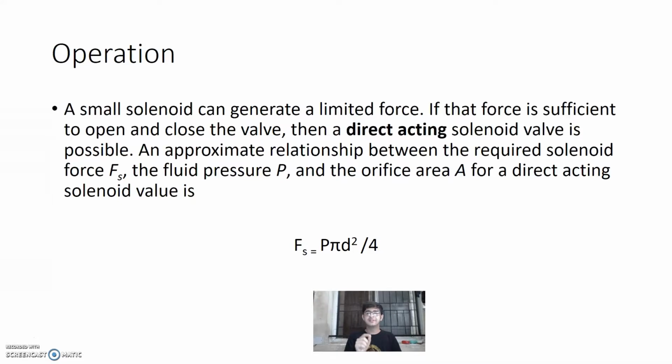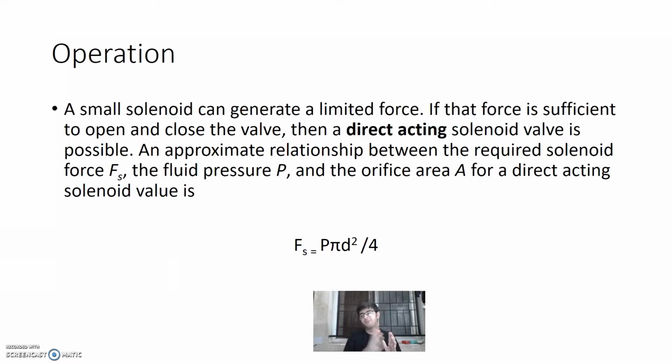So for controlling our valve, the force is called the solenoid force, like what we have in our tap, where we are giving manpower. So the solenoid force can be given as F equals P times pi d square by 4, where P is the pressure of the fluid and d is the diameter of the orifice. Now see, if you have a large cross section which is to be opened, it requires much more power.